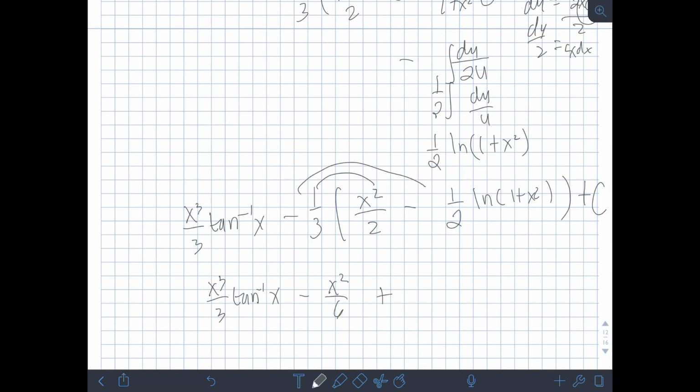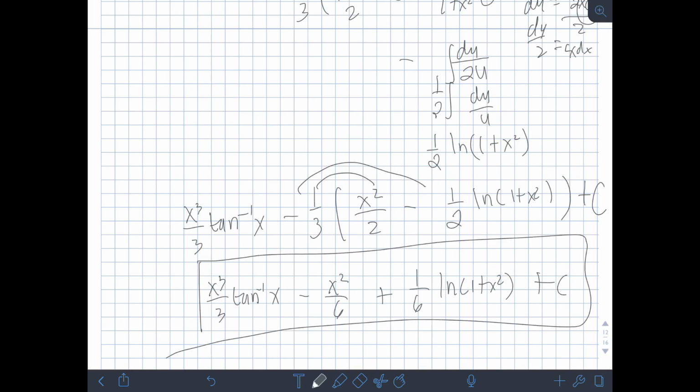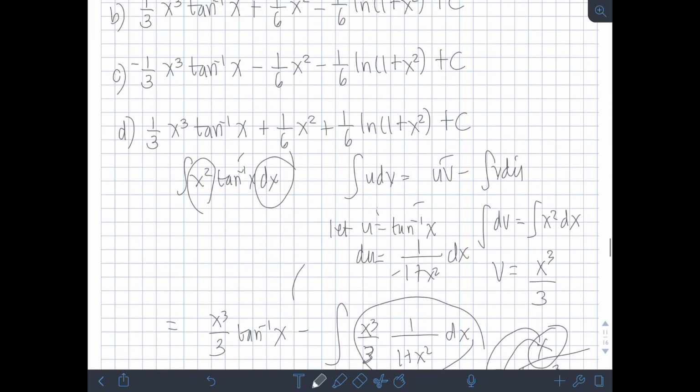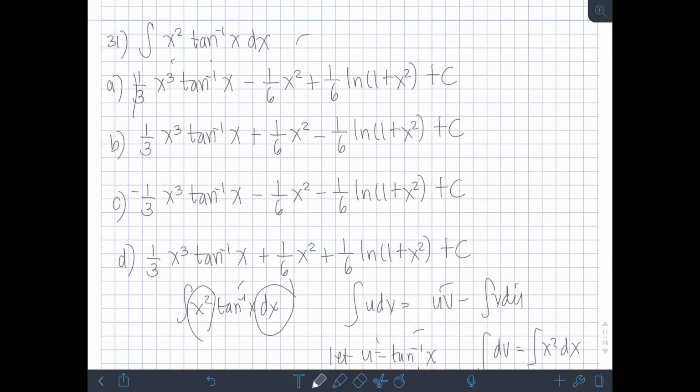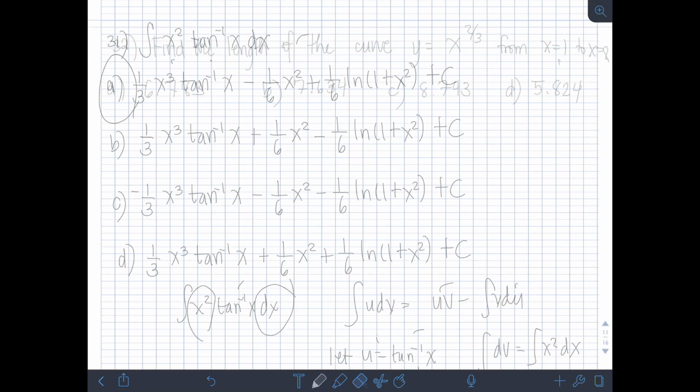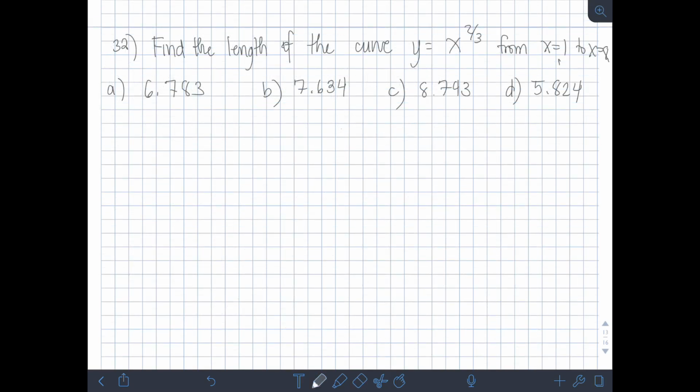We have positive 1/6 ln of 1 plus x squared plus c. Okay, so therefore, this is the final answer. So, therefore, the answer is letter A.